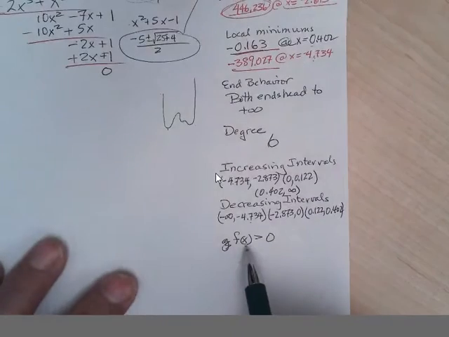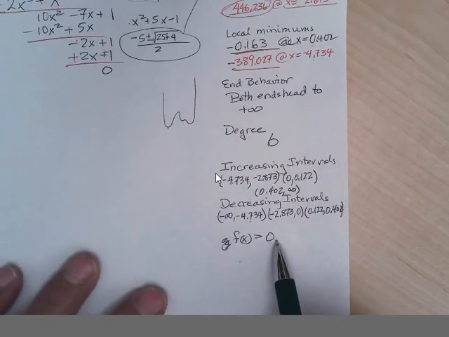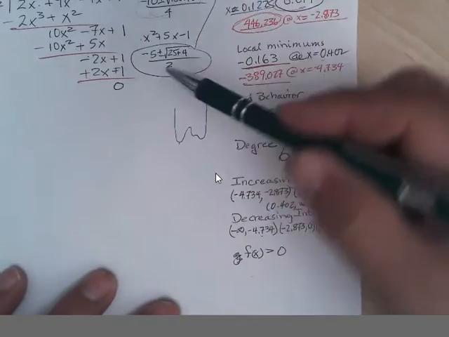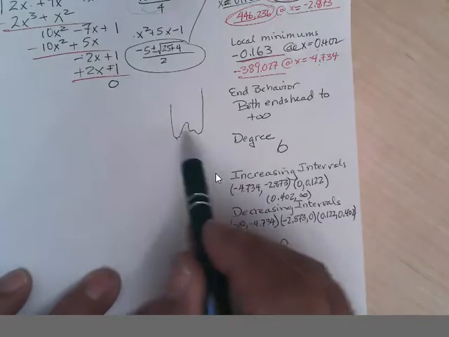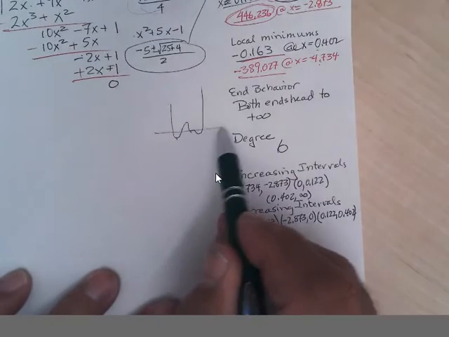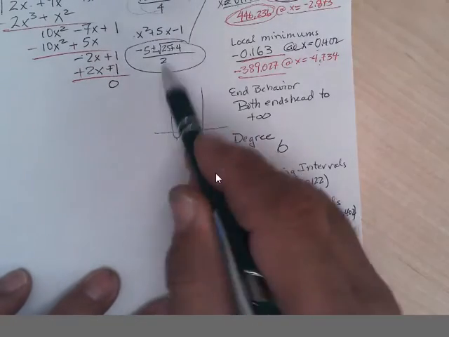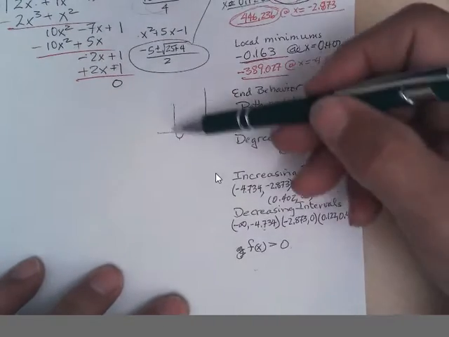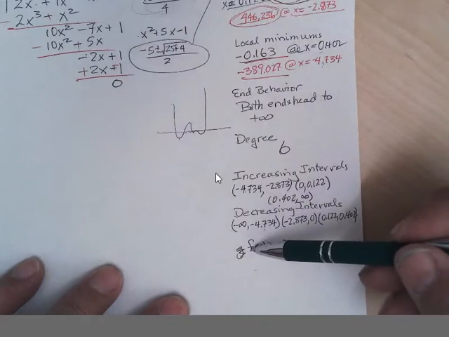The last thing I ask here is, when is this positive? Well, everything that's above 0, and 0 was right there, everything above 0 is when the f of x, y, is positive.